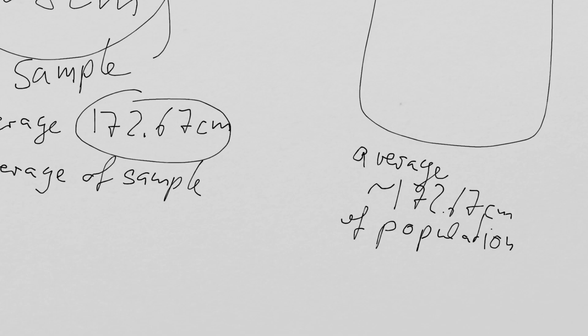And people, by convention, have decided if you've got a sample and a population, we call the average of the sample x bar.